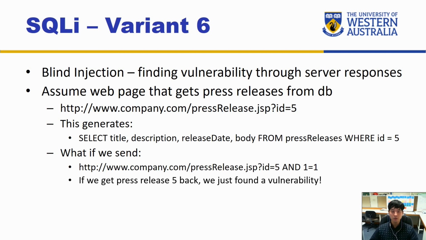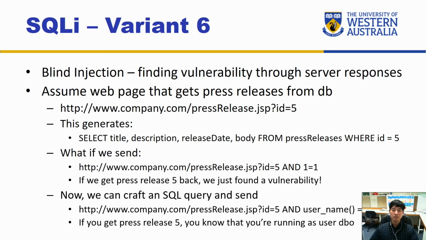Because this and 1 equals 1 has been executed successfully. This means it's taking those extra commands as part of the statement, okay? So this means now we know that it has a vulnerability, so we can craft an SQL query and send more targeted attacks based on that.